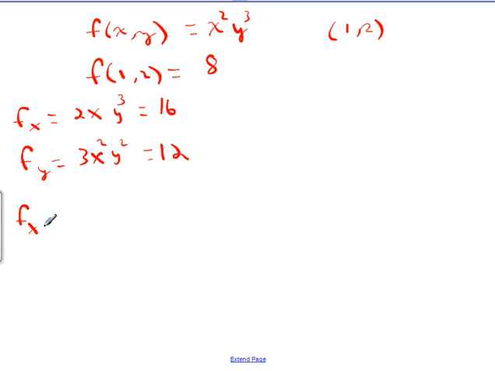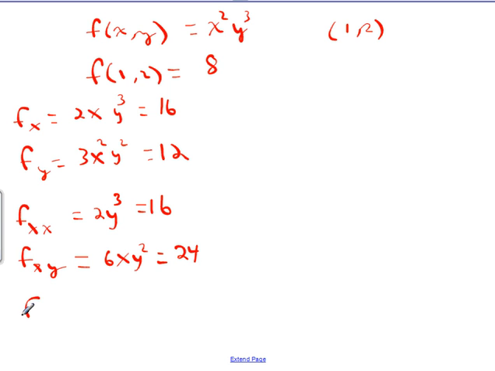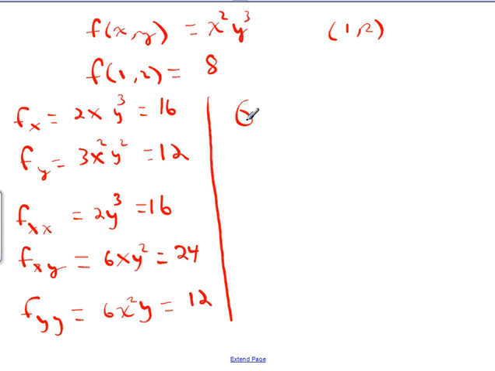F partial xx, 2y cubed, also equals 16. F partial xy, we get 6xy squared, which is 24. And lastly, f partial yy is 6x squared y, which equals 12.